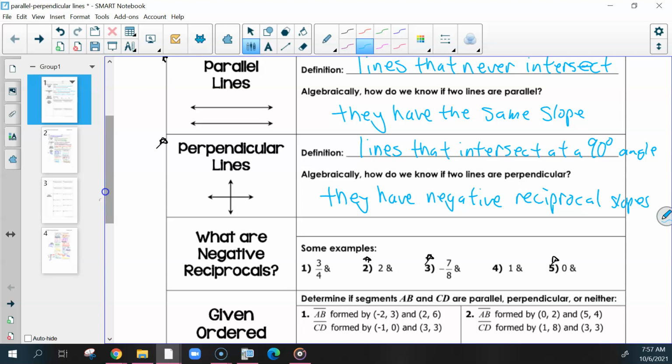So if you're not sure what that is, reciprocals are fractions that are flipped. So like 3/4, the flip would be 4/3. The negative reciprocal is if I have a positive 3/4, the negative of that would be negative 4/3. So flipped.